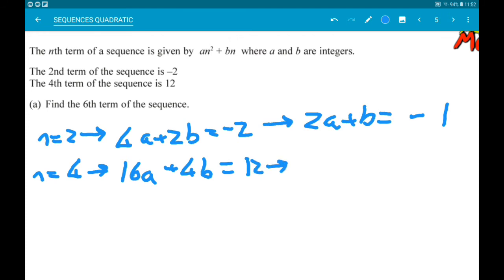Now again, that has a common factor, this time it's 4. So if we divide through by 4, we are going to get 4a add b is equal to 3.